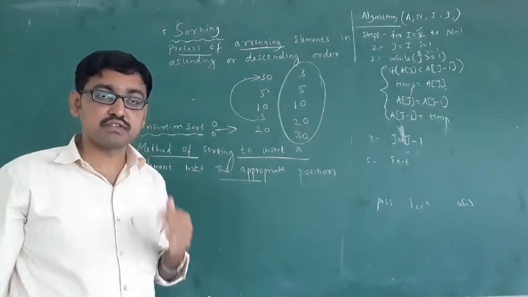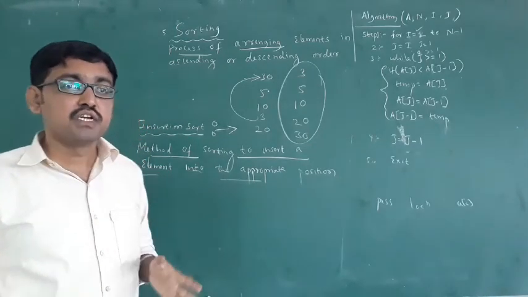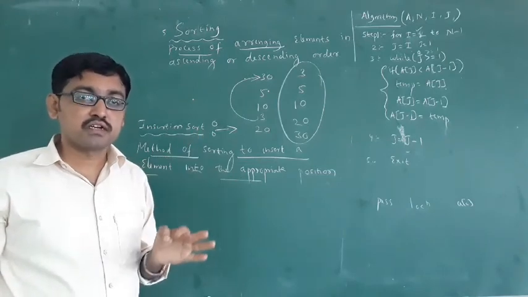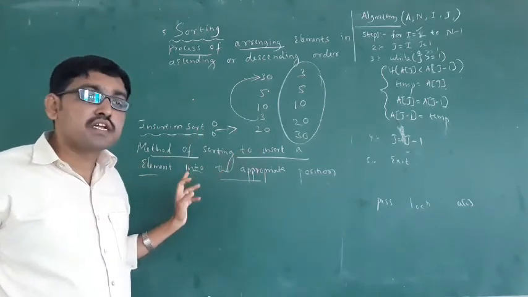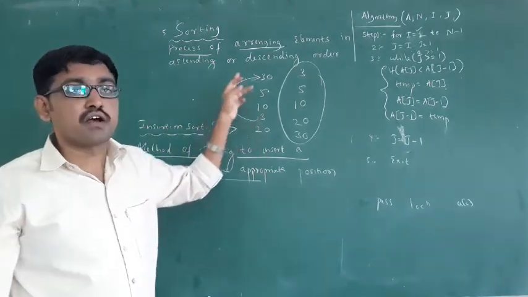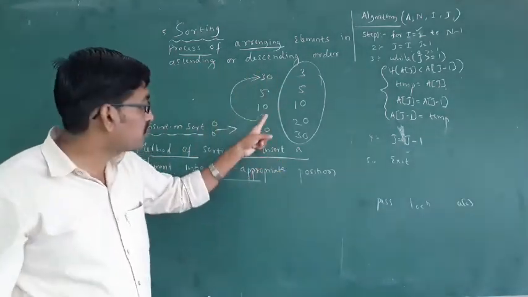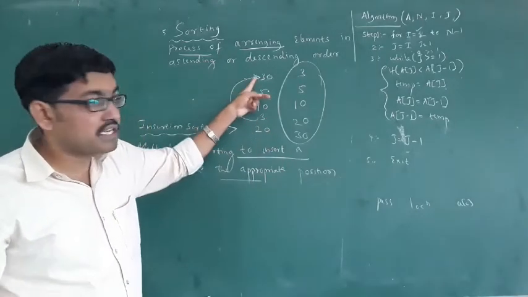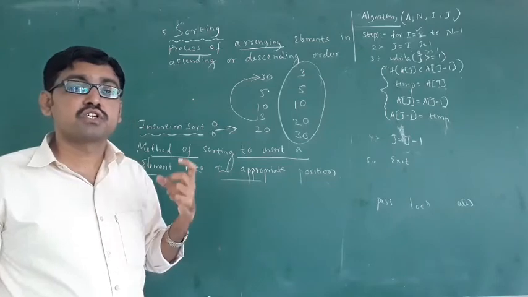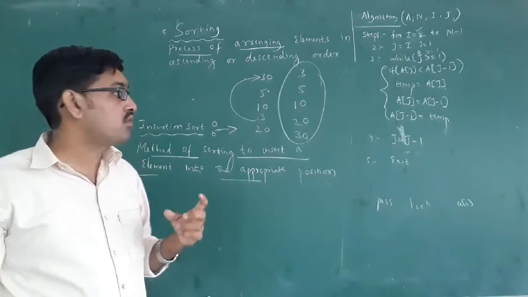If you want the elements in ascending order, you put 3 first, then only it will sort. This type of method is called insertion sort. You have to remember this.